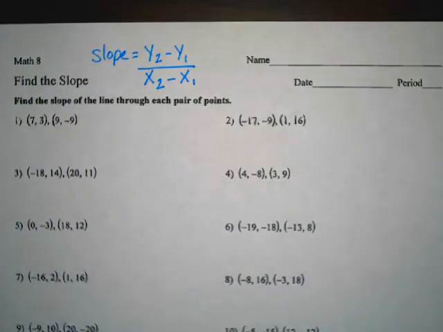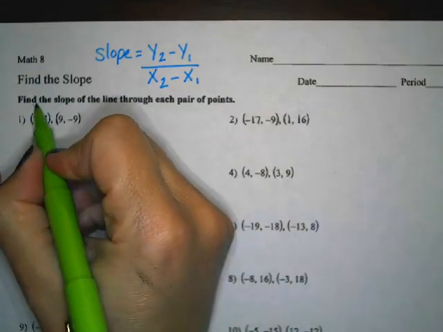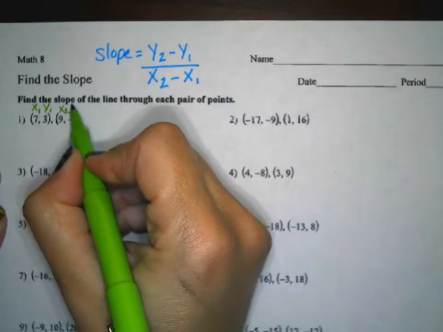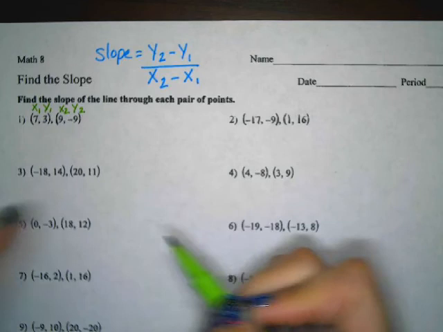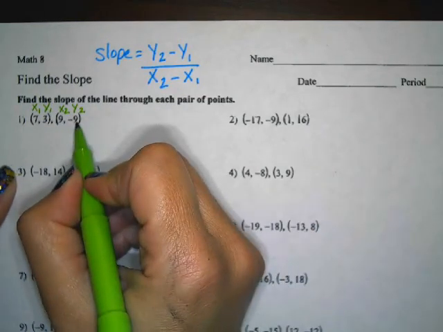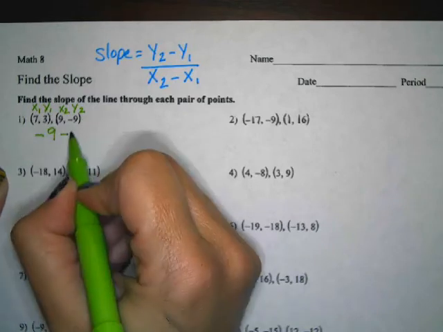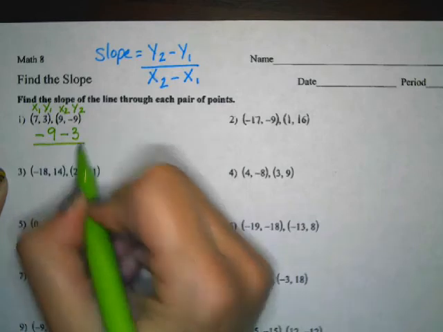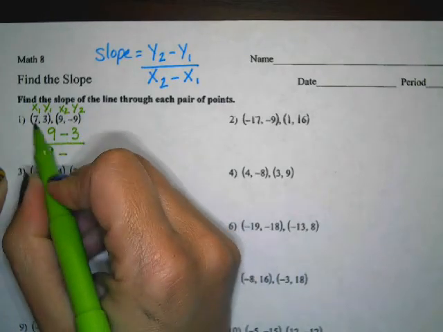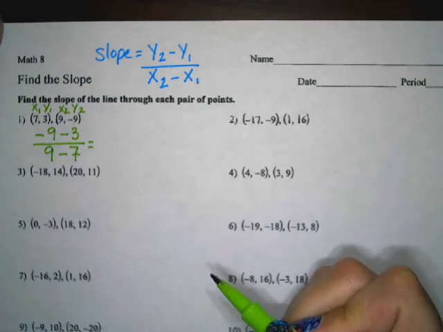And we can start working out number 1. On number 1, let's identify it. We have x1, y1. We have x2 and y2. Now we're going to set it up like the equation. So y2 is negative 9 minus y1, which is 3, over x2, which is 9, minus x1, which is 7. Now we're going to simplify.